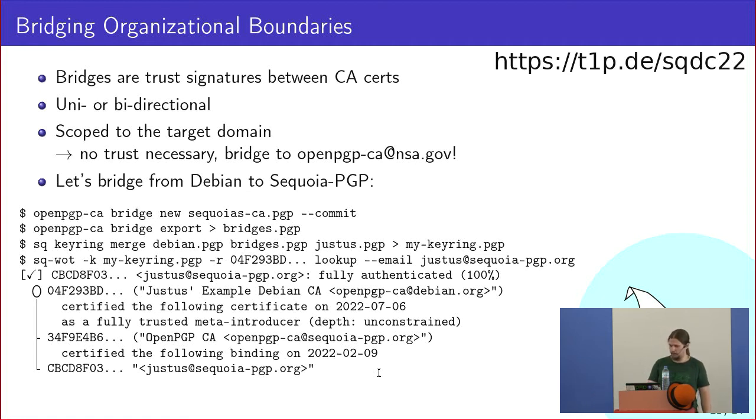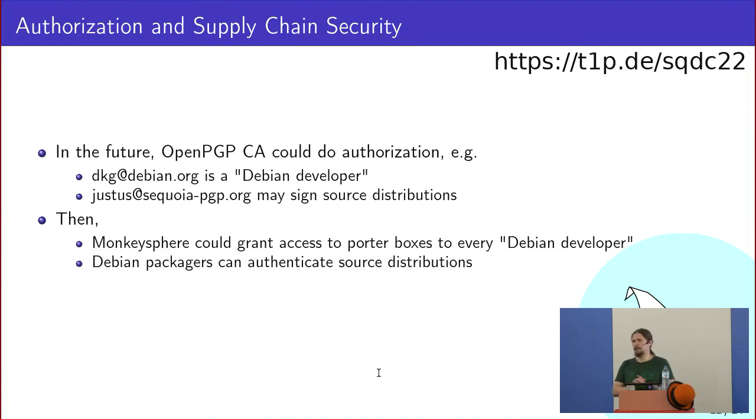And we can do even better. Because I imagine a future where OpenPGP does not only do authentication, but authorization. So it can codify and create a cryptographic artifact stating that DKG, or the cryptographic identity associated with him, has certain roles, like being a Debian developer, or being authorized to do source distributions for Sequoia.